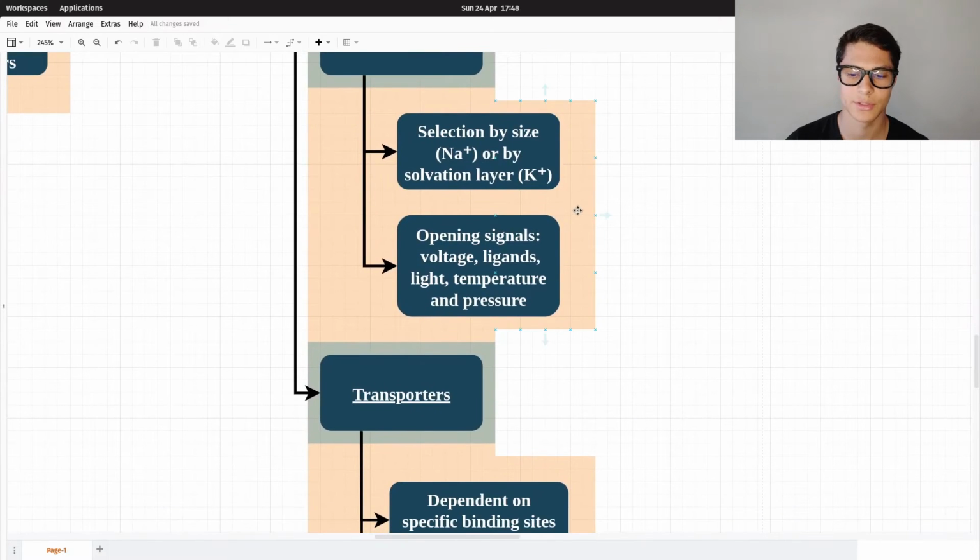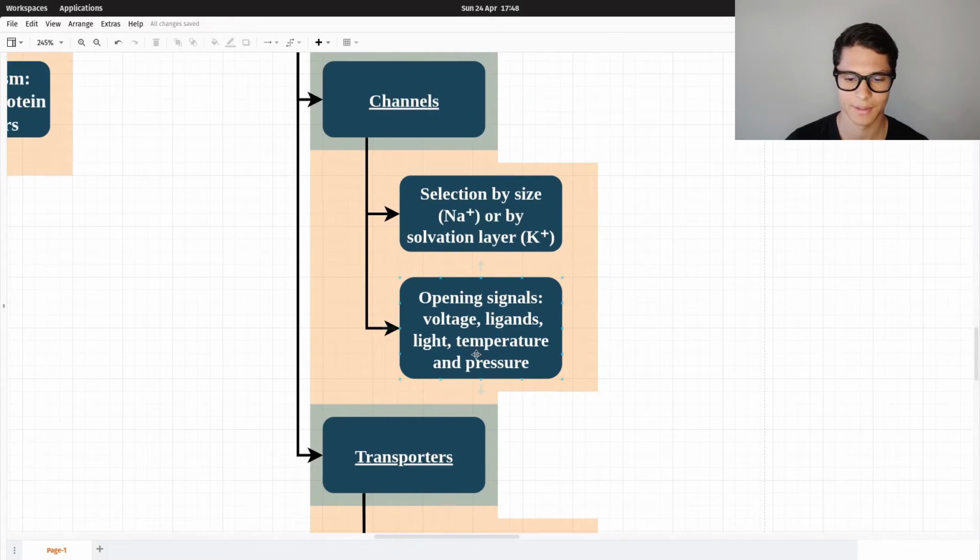That's a very tricky solution the cells find out. And then we have opening signals of channels, such as voltage, we already discussed that, ligands, light, temperature, and pressure. All these things, if they change, they can open a channel.